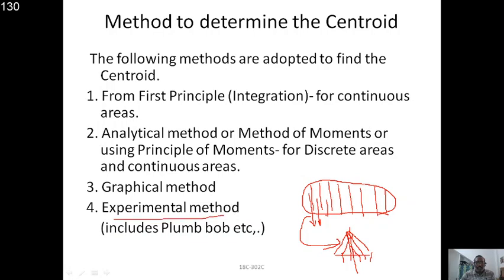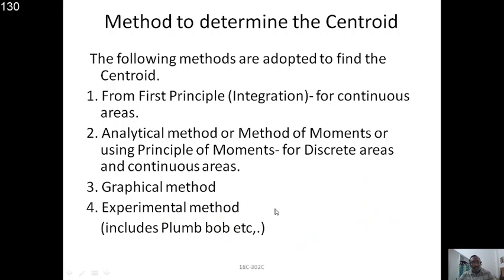The experimental method is a practical method. In that situation, if you take a piece of chalk on your finger or your hand, and try to balance it, at this point it is not going to balance. If I take this point, it is also not going to balance. If I take some other place and hold the finger at this point, it will balance.